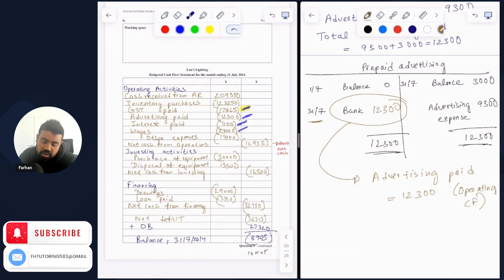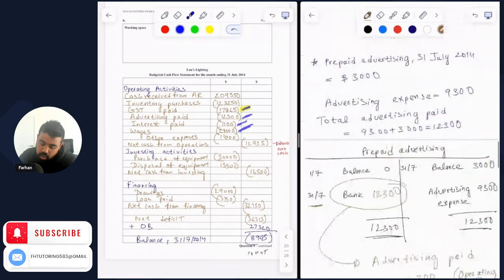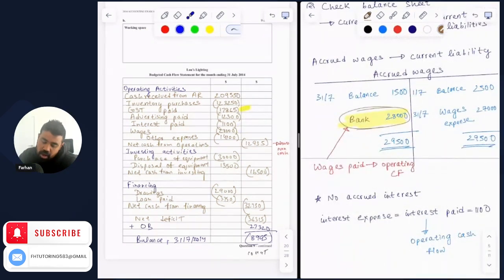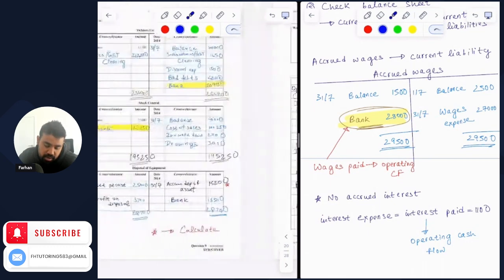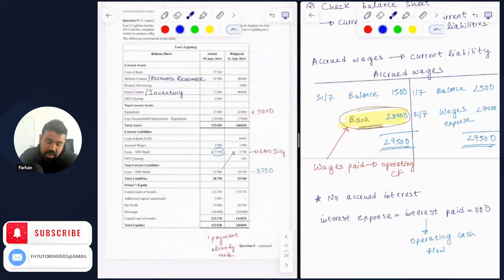Then we have wages paid of $28,000, which was based on the calculations and the numbers we have used for accrued wages given in the balance sheet and the expense in the income statement. So that's what we have here. Then we have included other expenses of $14,100 because within the current liabilities or the current assets section, we do not really have any prepaid or any accrued expense relevant to these other expenses.